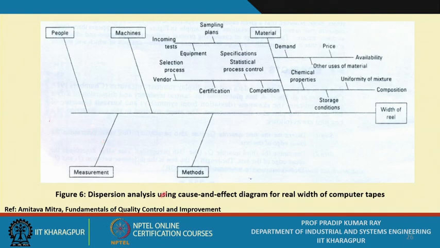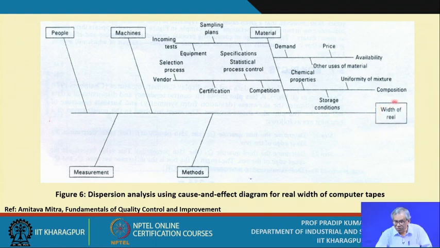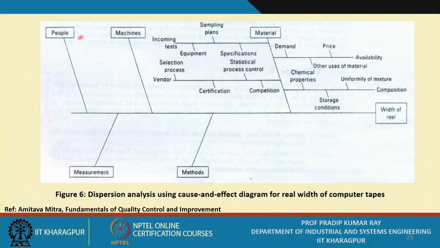Here, for the widths of the reel, what is the sigma value, that means the standard deviation? For each one you must collect data and calculate the dispersions. Is it okay? You calculate the standard deviation normally, that is the norm. This way you calculate, and just one portion is shown.